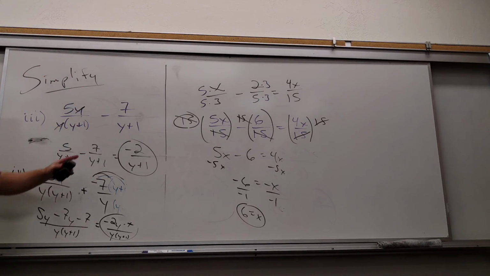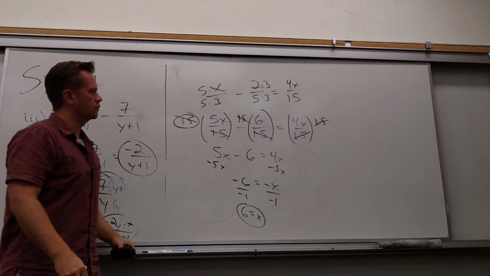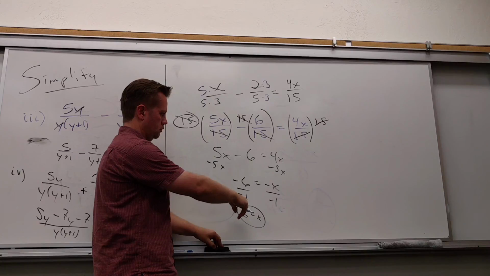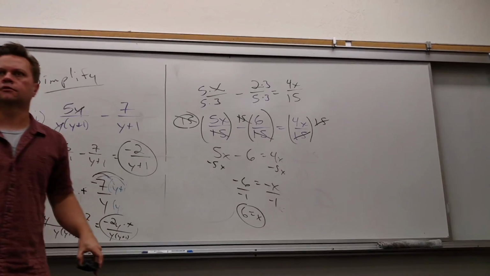Alright, so let's try one of these problems. Negative x, you took away negative 1 at the bottom because you needed it to be positive. Yeah, I got to solve for x, not negative x.